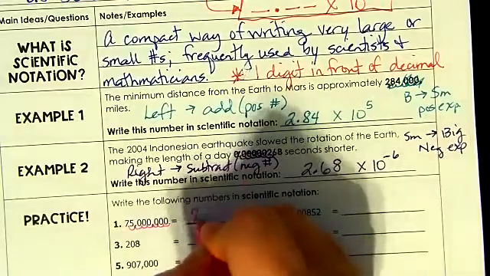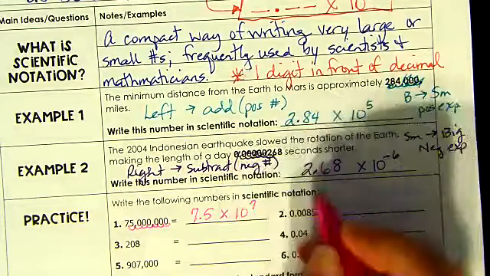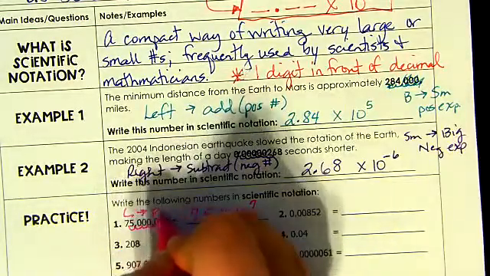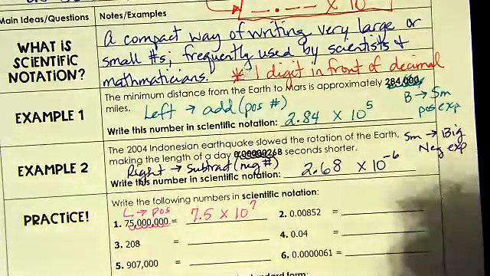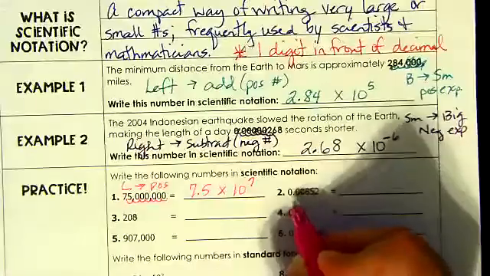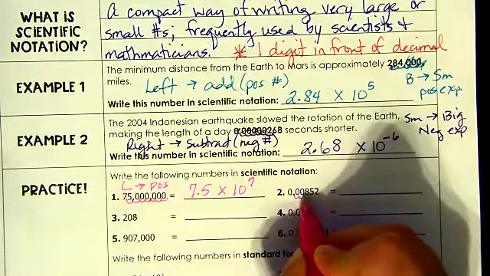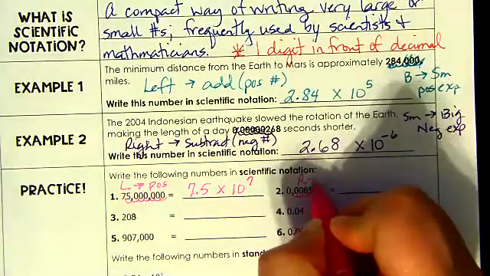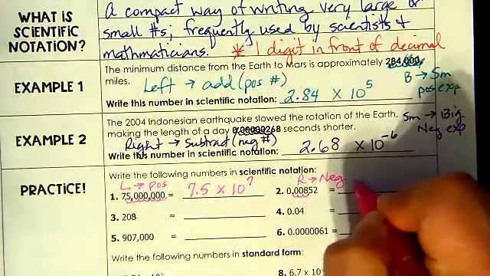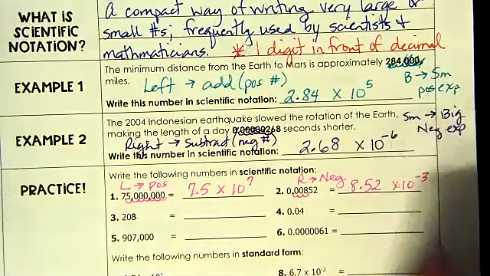So this is going to be 7.5 times 10 to the 7 because it's left, so it's a positive number. If I'm looking at number 2, I'm going 1, 2, 3. I'm going to the right. So therefore, this is going to be a negative number. So I'm going to have 8.52 times 10 to the negative 3.